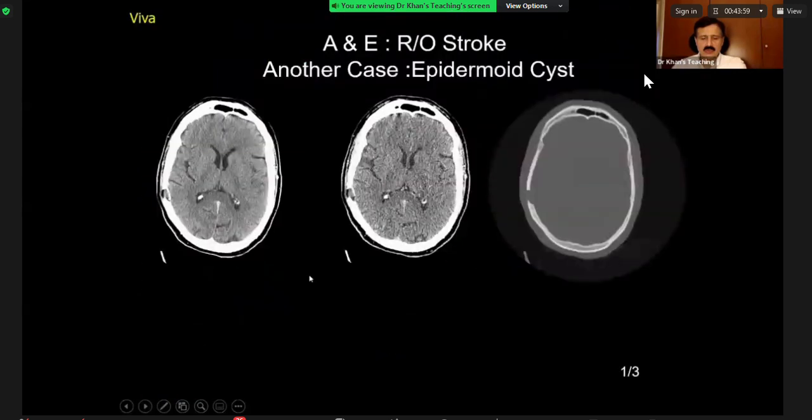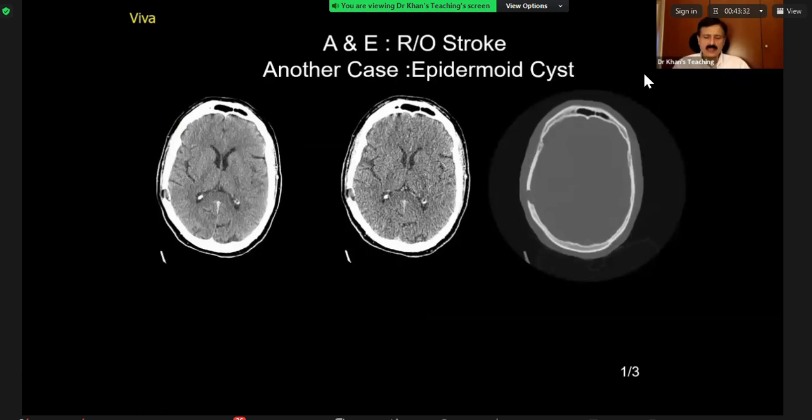And if you do a diffusion weighted scan, please remember the concept that epidermoid cyst is the same thing as a cholesteatoma in the temporal bone. When it occurs in the intracranial cavity, or in the skull other than the temporal bone, we call it an epidermoid cyst. In the temporal bone, we call it a cholesteatoma.